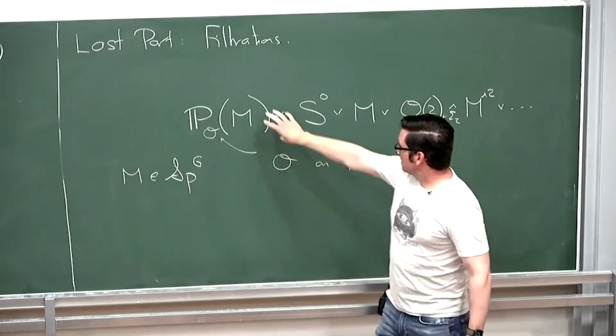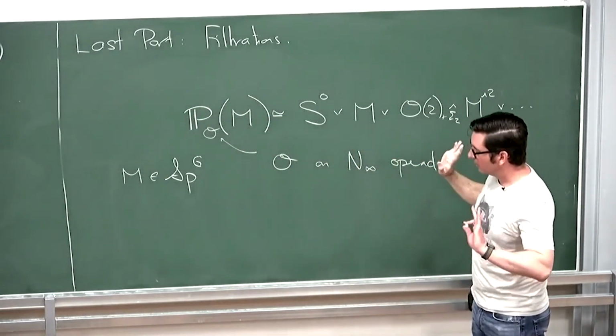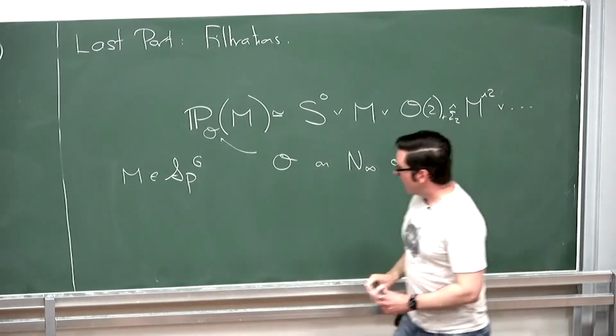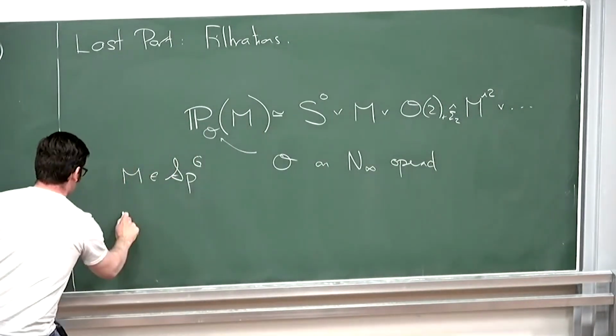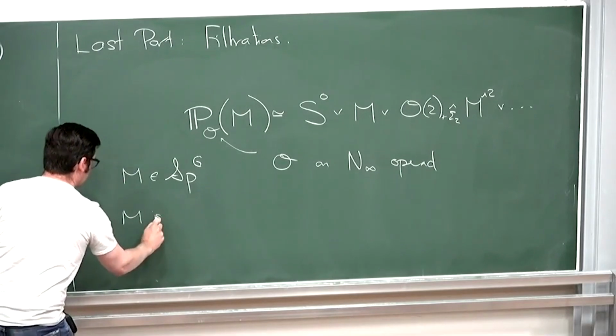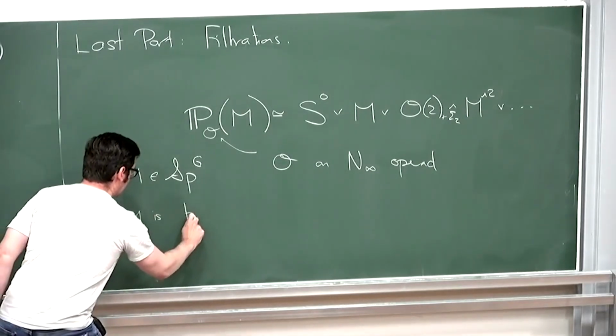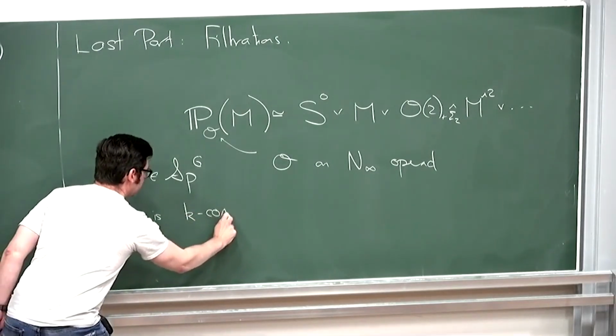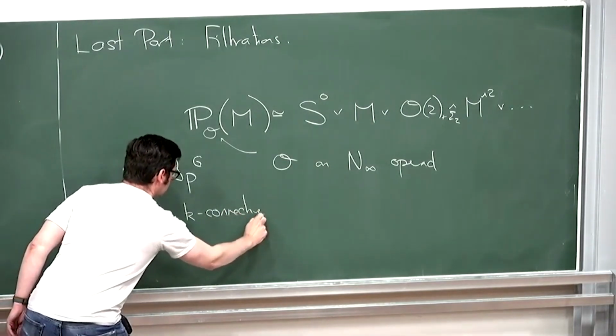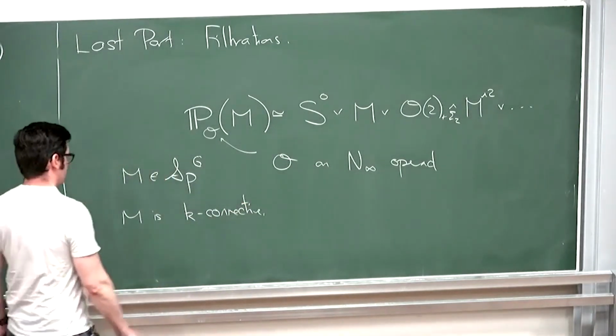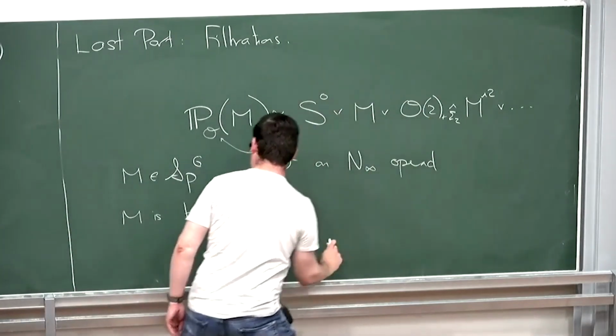So I want to answer the following much more basic question. If M is k-connected, or connective, then what does that say for each of the pieces?